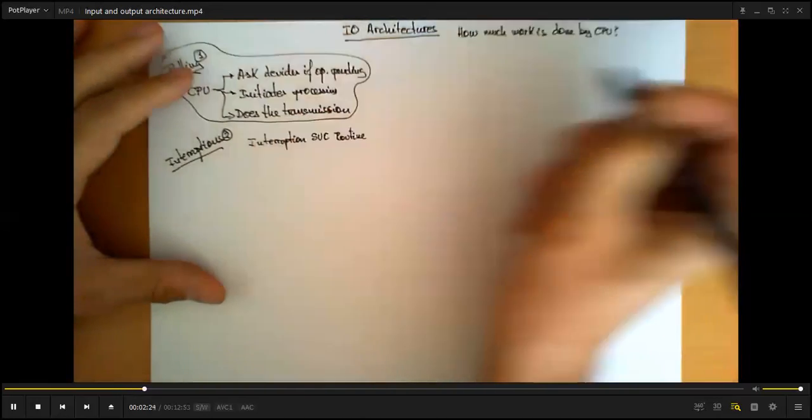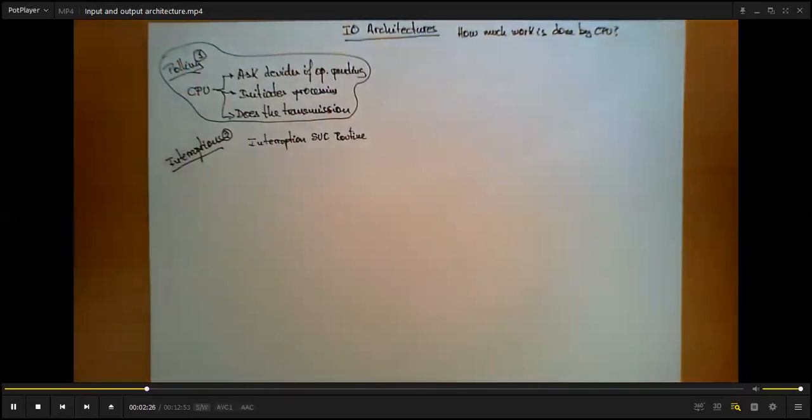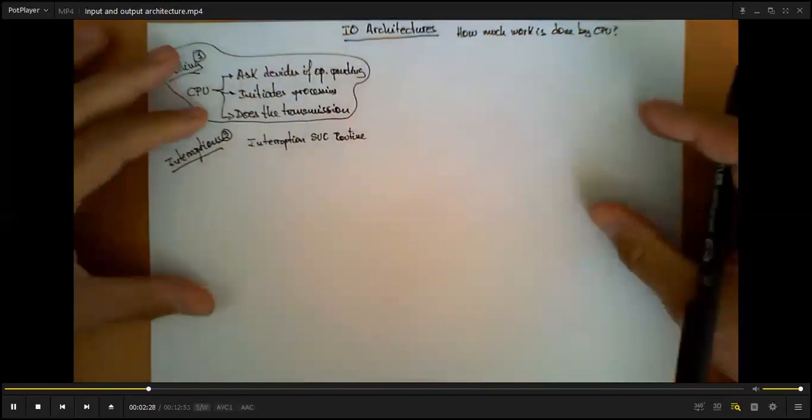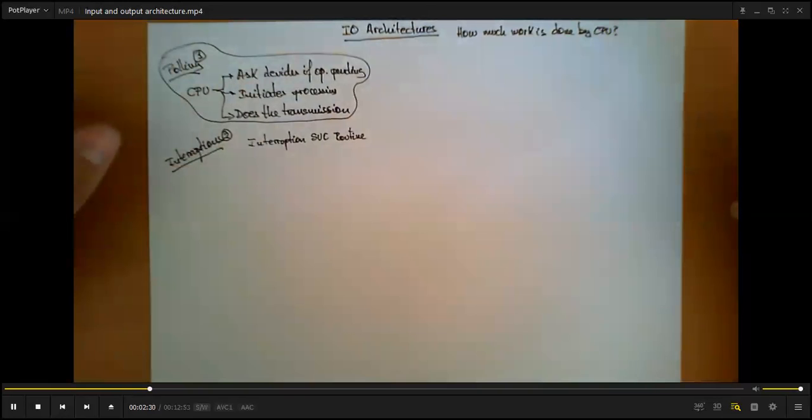So this is as if the CPU is still doing most of the work, except the step of asking if the device is ready to do some input-output operation. The device is the one notifying.